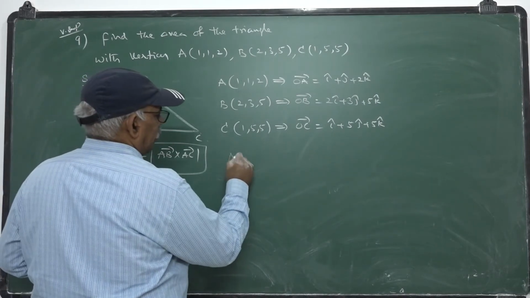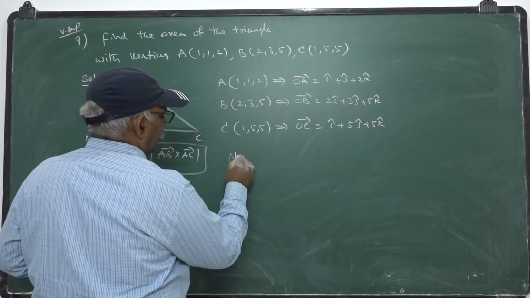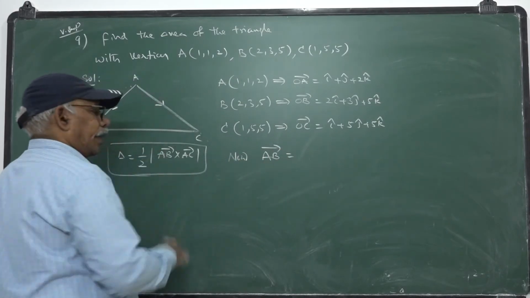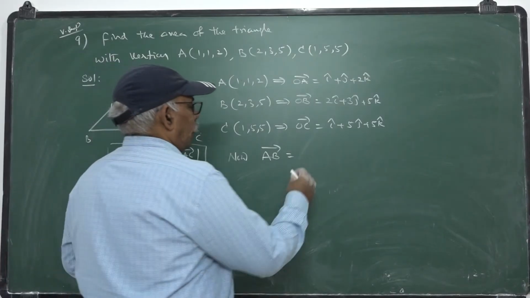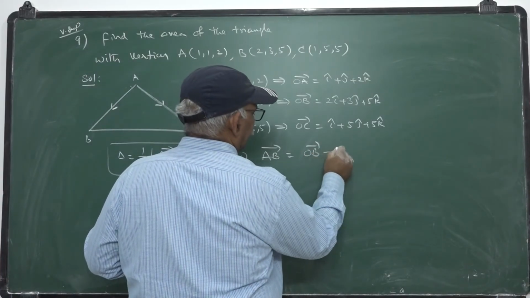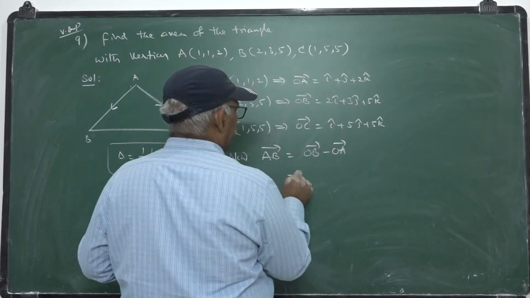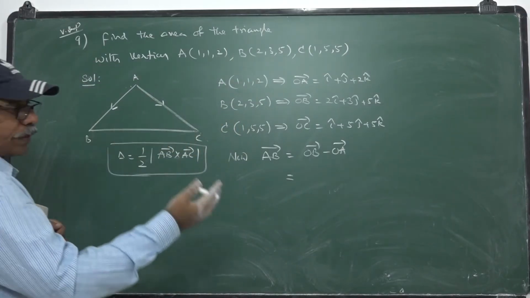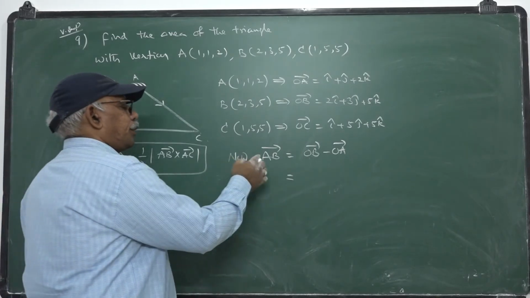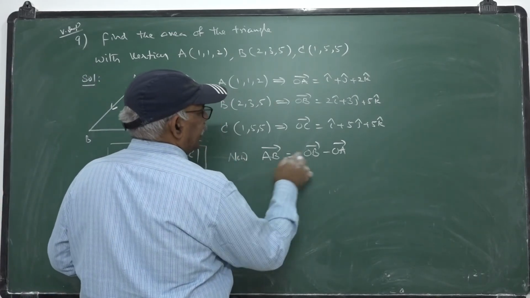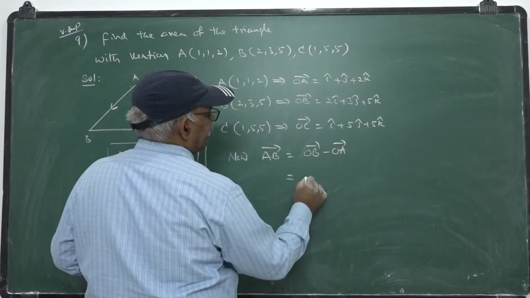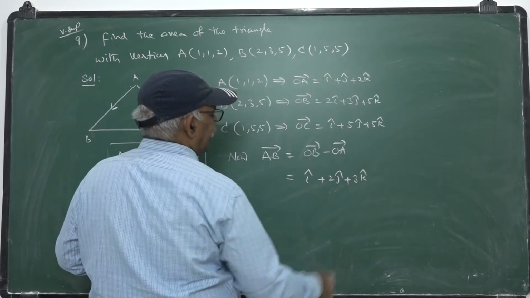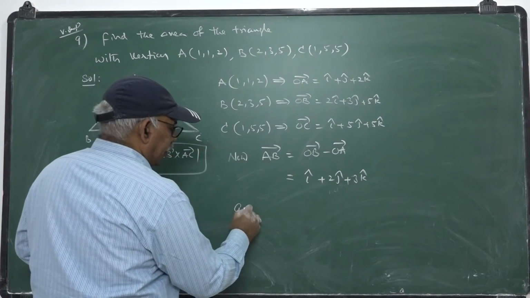Now vector AB bar is OB bar minus OA bar, the position vector of tail minus position vector of head. OB minus OA gives us i plus 2j plus 3k. This is AB bar.